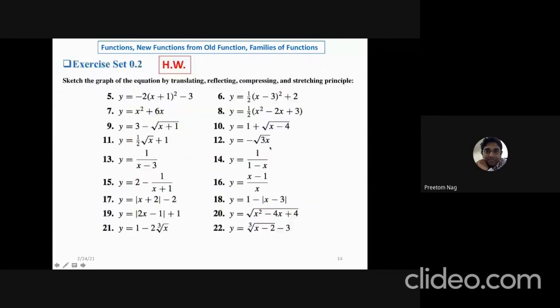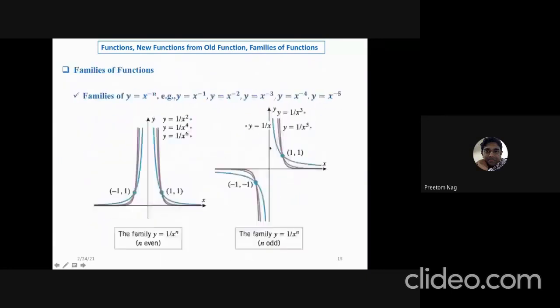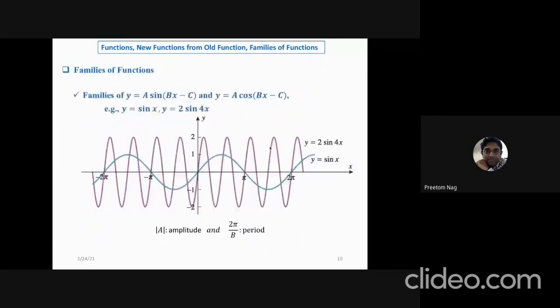Now we are going back to these sinusoidal functions. Let's have a look here. We have y equals sin x, then 2 sin 4x. Now we would like to draw this graph, y equals 2 sin 4x, so that we can draw it easily.